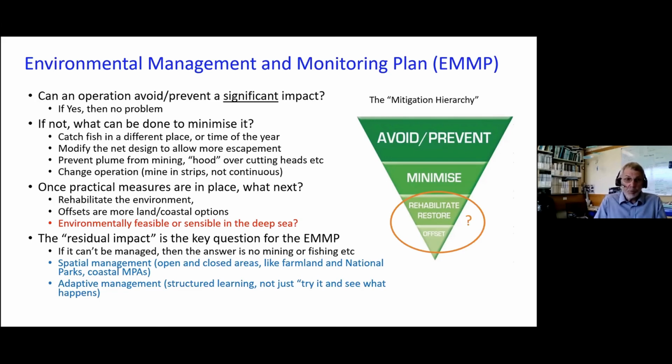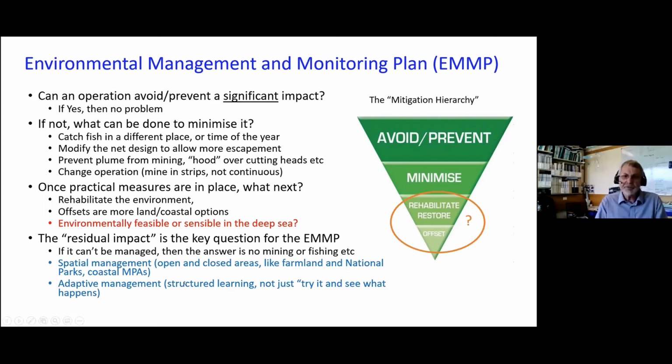But Anna's just talked about spatial management, open and closed areas. That's likely to be one of the initial go-to tools in the toolbox. So you've got your farmland and national parks, coastal MPAs. You start to protect areas of the environment so that you're compensating for the damage that's going to take place with your extraction.